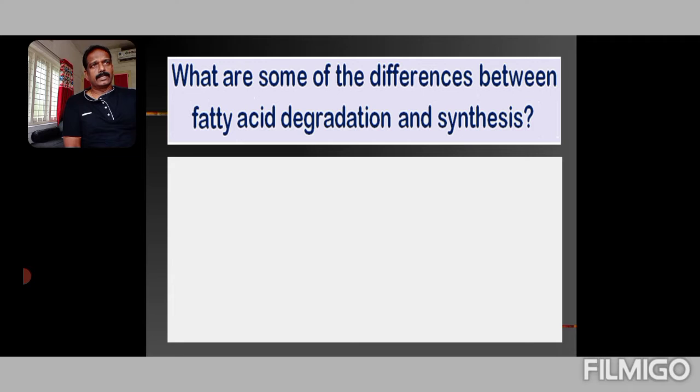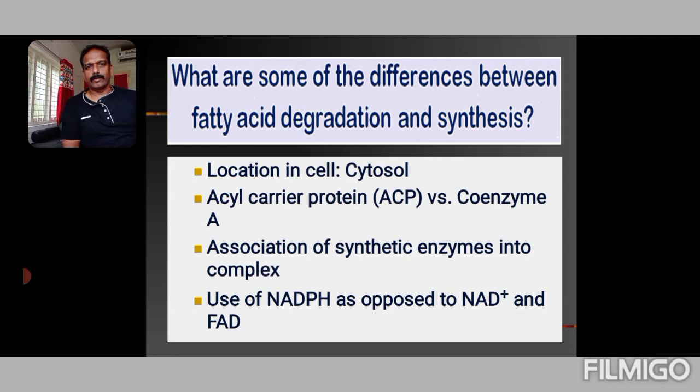Another important difference is the usage of NAD plus and FAD in beta oxidation, where they get converted to NADH and FADH2. Whereas fatty acid synthesis, which is basically a reductive biosynthesis, involves NADPH. So these are some of the differences which you can go through.